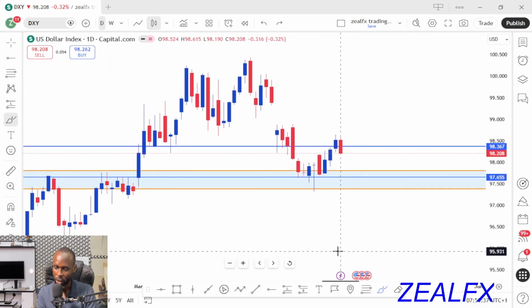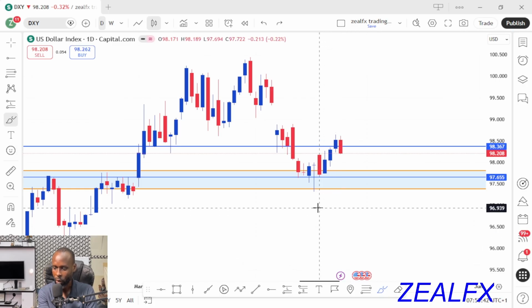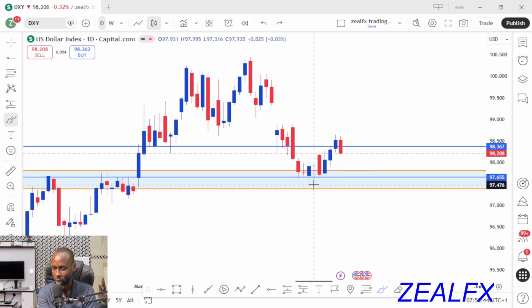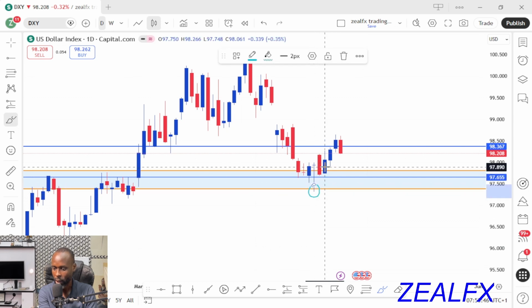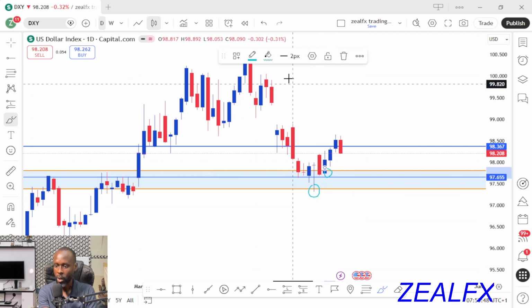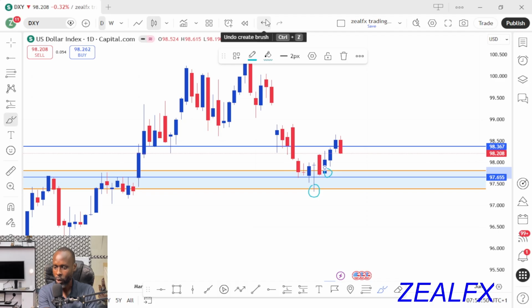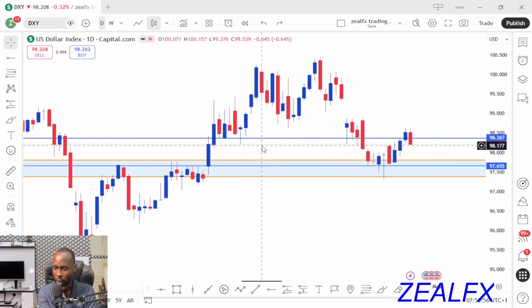Now, what is the trend of the DXY now? We can clearly see that our trend on the DXY has started shifting. We can see we have this lower low and higher low. So this lower low and higher low indicate a shift in trend on the DXY, which is the dollar index.